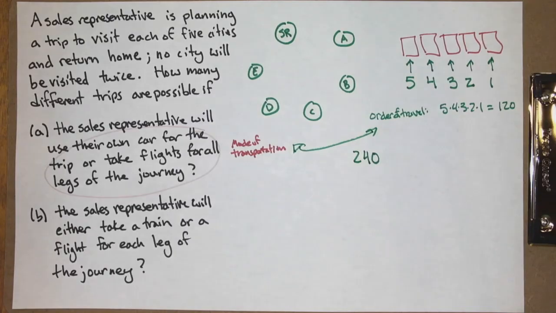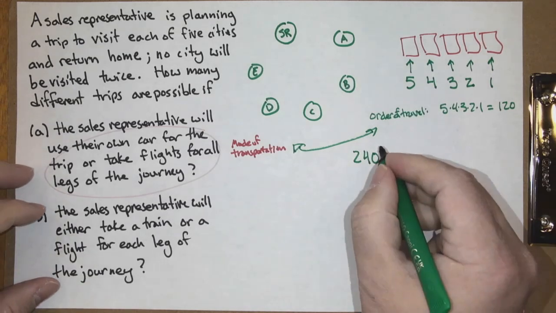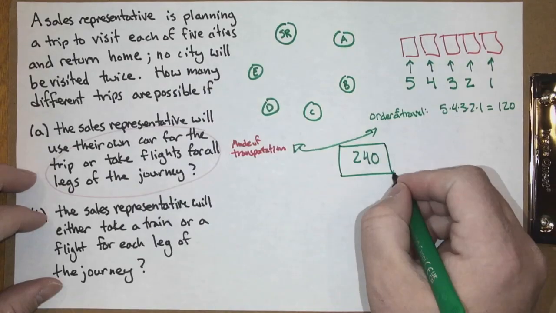And I like to think of it, if you go back to one of the things we talked about last time, there's an and sort of thing going on. I have to pick a way I'm going to travel, and I have to pick an order I'm going to travel. And when you think of words in problems in terms of counting, ands, those are multiplication type words. Okay, so part A, 240. Cool.